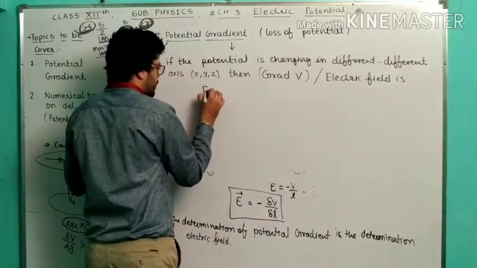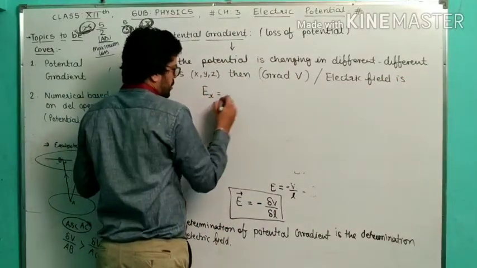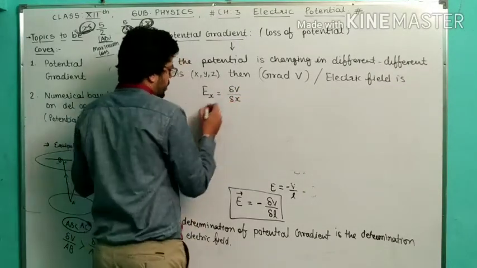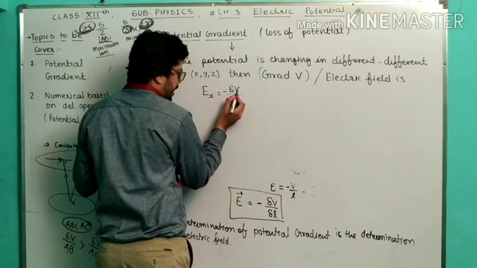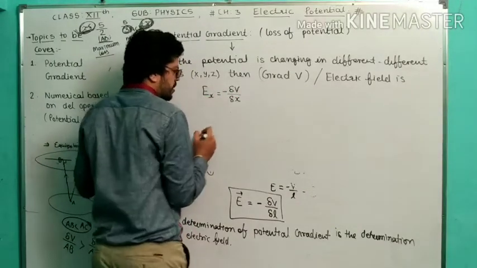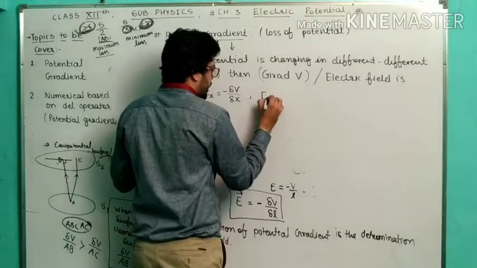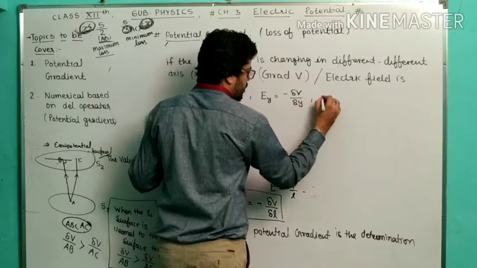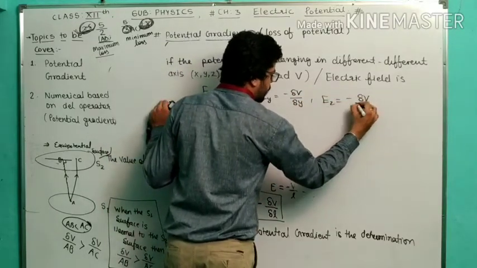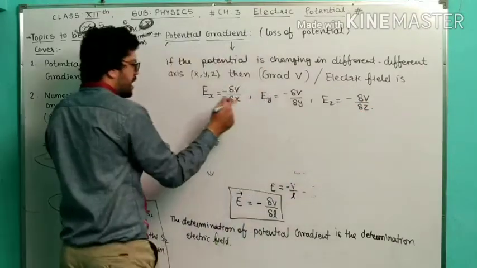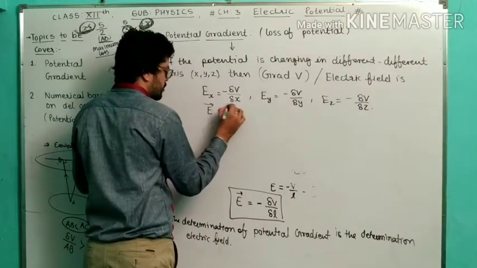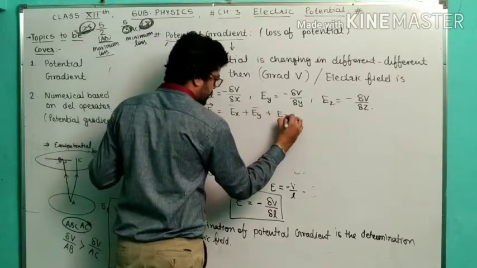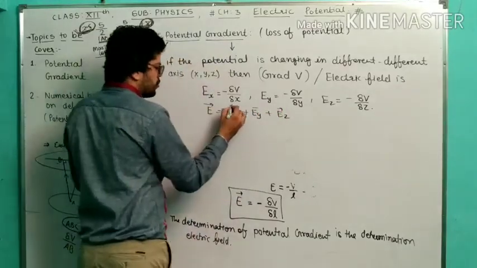electric field Ex is equal to minus del V upon del X. As you know, we use the negative sign because electric potential and electric field are in opposite directions. Another is Ey equals minus del V upon del Y, and Ez equals minus del V upon del Z. Combined, I can write the total electric field along the X axis, Y axis and Z axis. In 11th class you used to read about that.